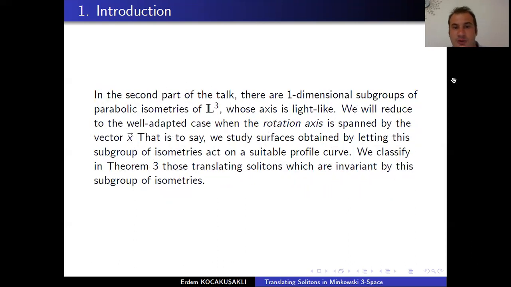In the second part of the talk, by using one-dimensional subgroups of parabolic isometries of three-dimensional Minkowski space whose axis is light-like, we study surfaces obtained by letting this subgroup of isometries act on a suitable profile curve. Then in Theorem 3, we classify those translating solitons which are invariant by this subgroup of isometries.